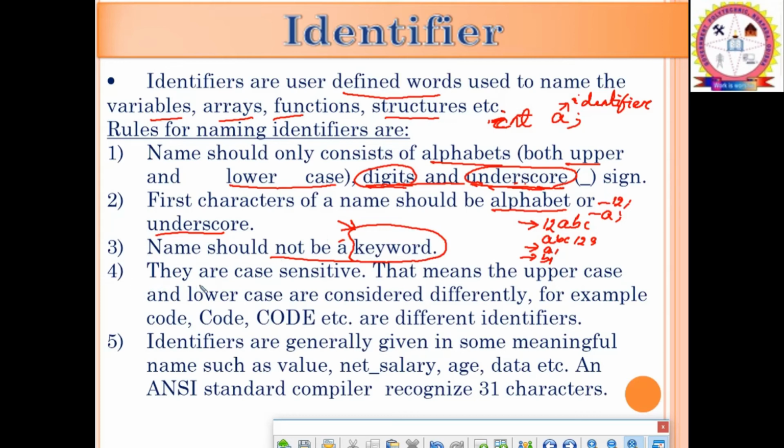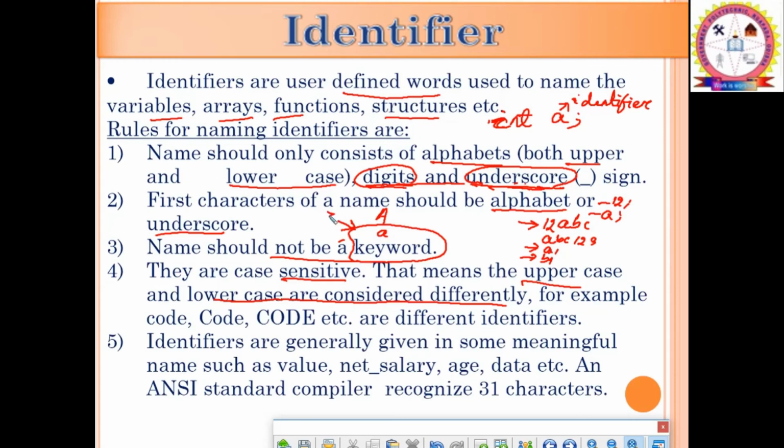Then the fourth one, identifiers are case sensitive. That means uppercase and lowercase are considered differently. This applies to variable names, array names and function names. Suppose capital A and small a.